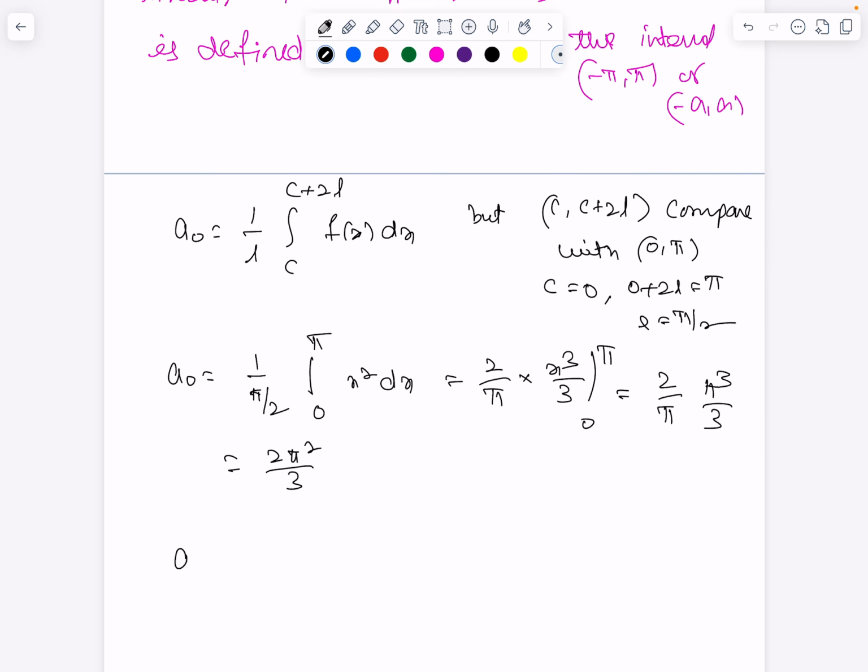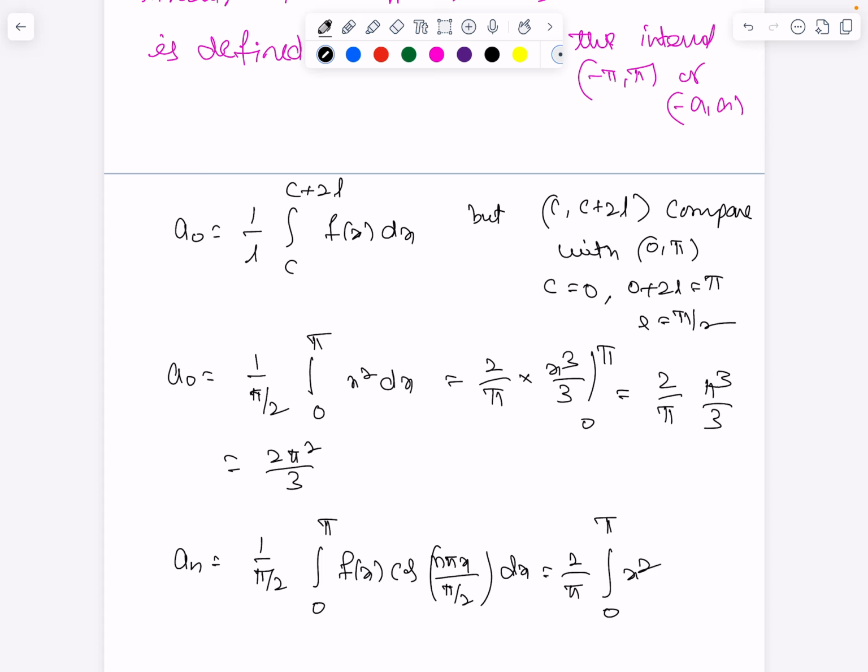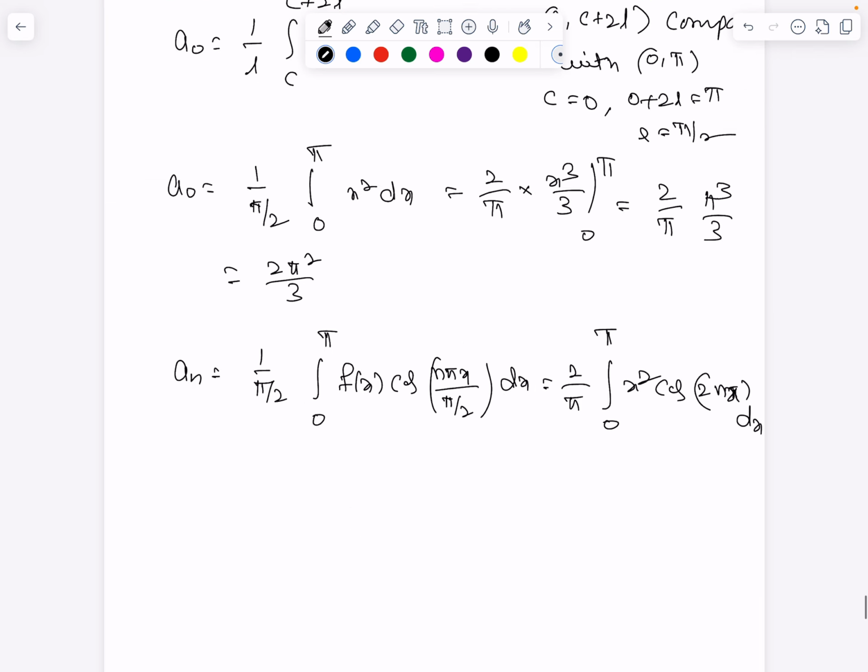Similarly, you have to calculate an is equal to 1 by pi by 2, 0 to pi, f of x cos n pi x by L, L is pi by 2, dx, which is equal to 2 by pi, 0 to pi, f of x is x square and cos 2nx dx. You have to apply the integration by parts technique here.